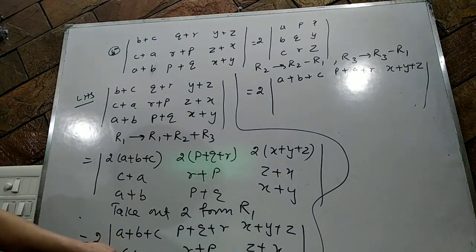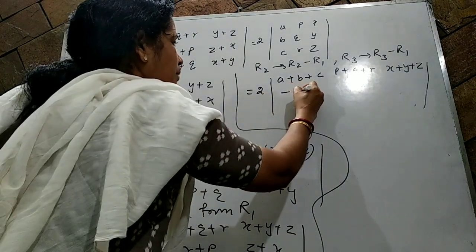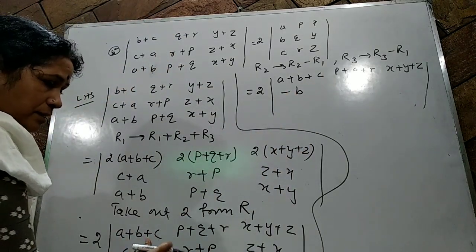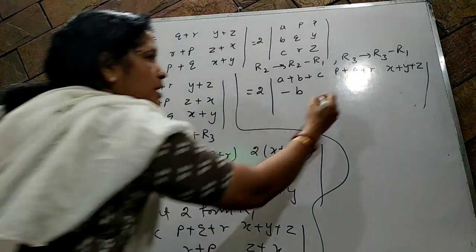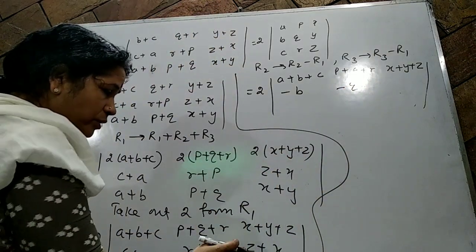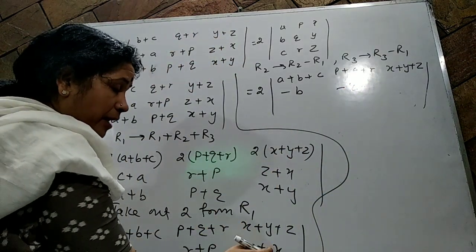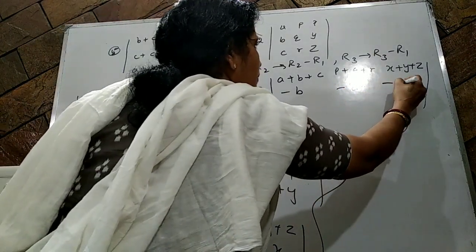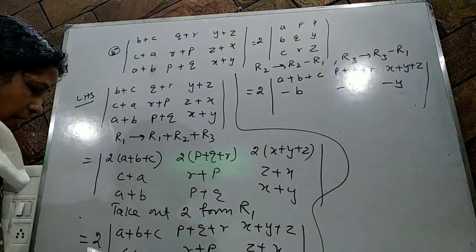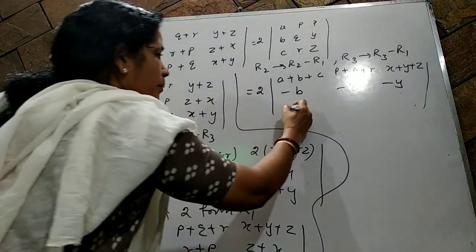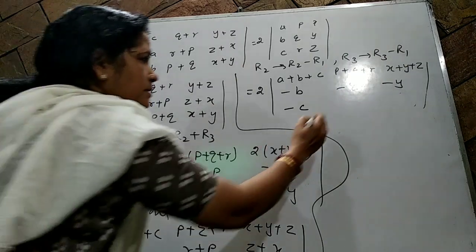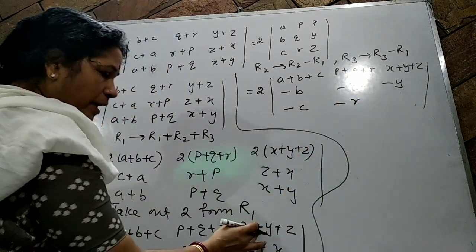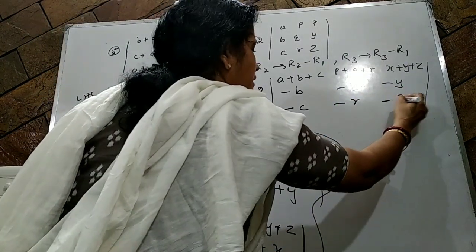R2 minus R1, CC cancel, AA cancel, minus B. Now this minus this, RR cancel, PP cancel, minus Q. Now this minus this, ZZ cancel, XX cancel, minus Y. Now R3 minus R1, A cancel, B cancel, minus C. Now this minus this, minus R, this minus this, I will get minus Z.